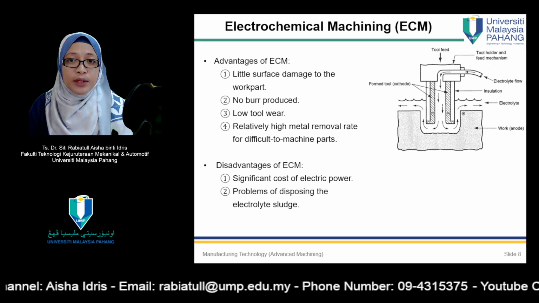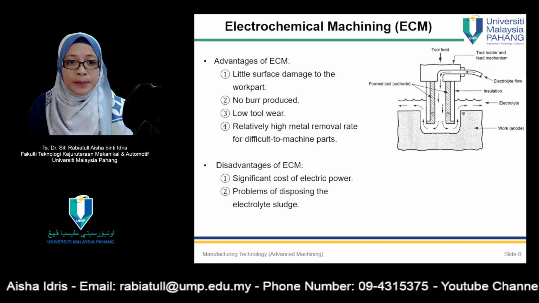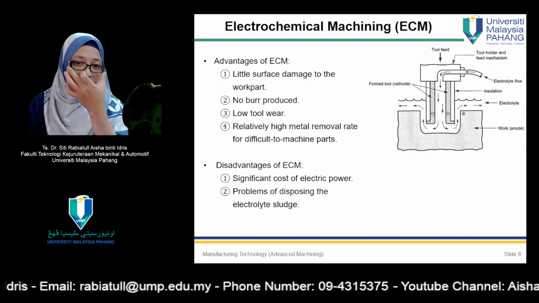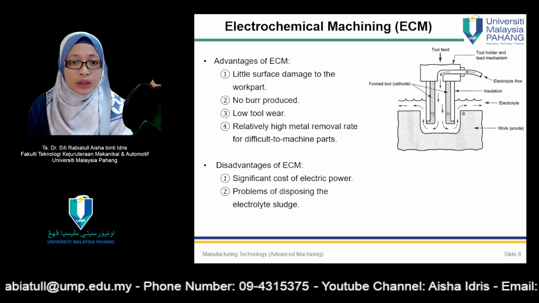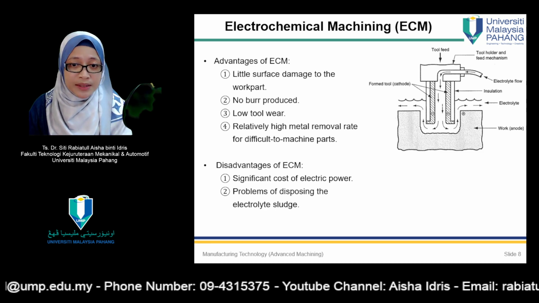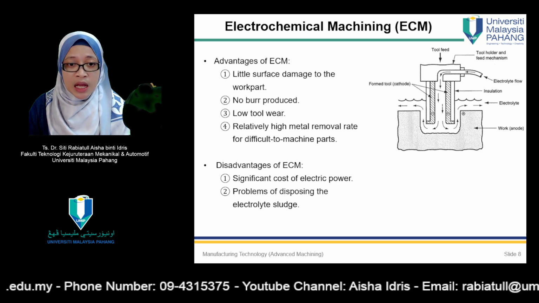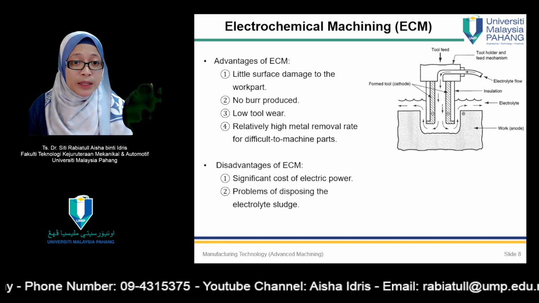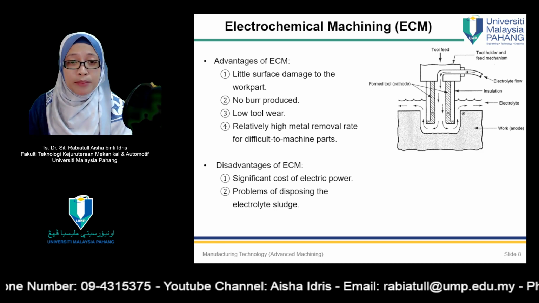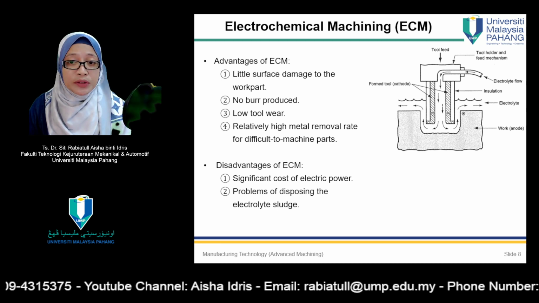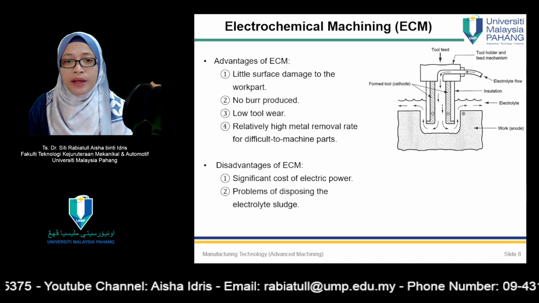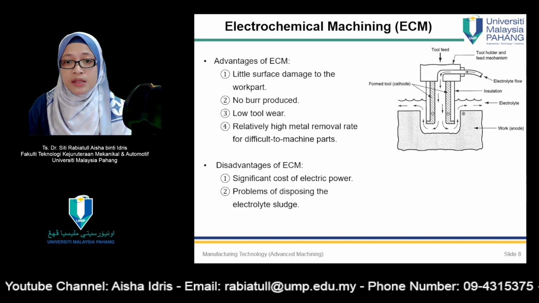Typical ECM applications include, number one, die sinking, which involves machining of irregular shapes and contours into forging dies, plastic molds, and other shaping tools. Number two, multiple hole drilling, in which many holes can be drilled simultaneously with ECM, and conventional drilling would probably require the holes to be made sequentially.